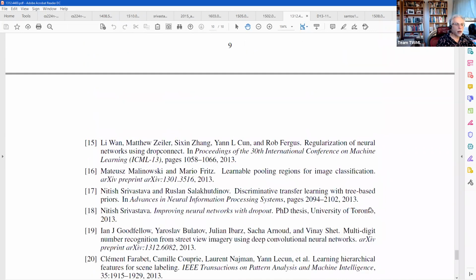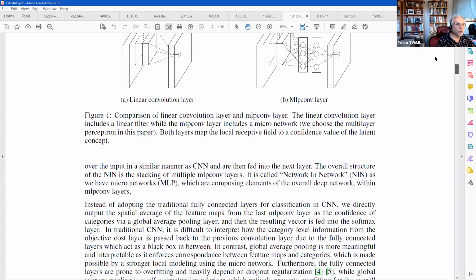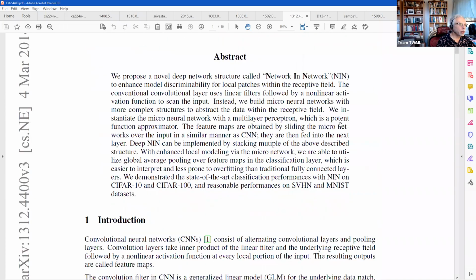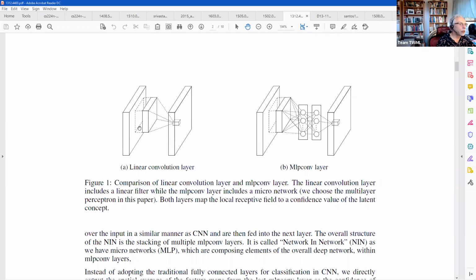What else do we have here? I don't see what an NIN is beyond, I mean, I can understand this architecture, but I don't understand why they say, okay, I guess this is it right here. So you have an image, and then you do some convolutions, and then you put that through a fully connected network, and each point gets mapped that way. And he's sort of comparing that to a linear layer that can do the same thing.